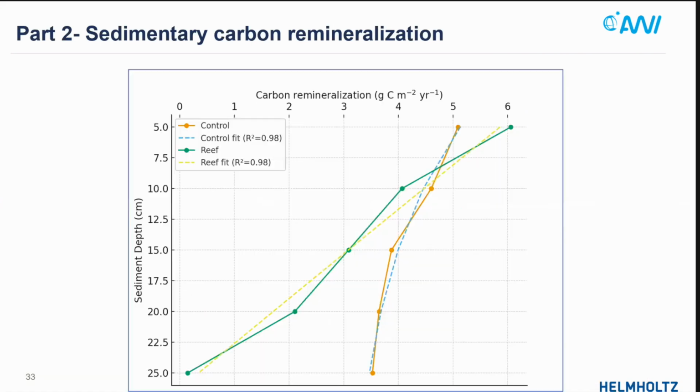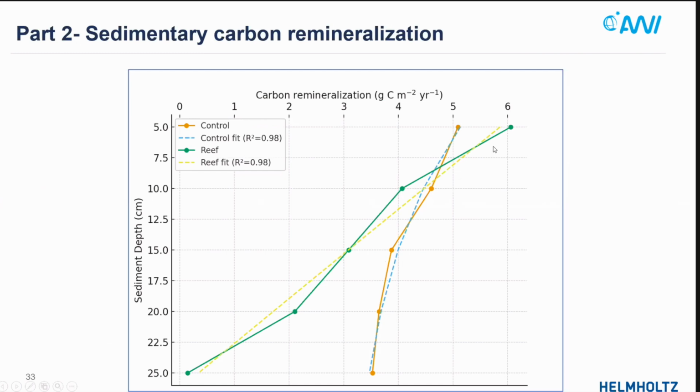Here you can see the control, which is bare or unvegetated sediment, and the reef adjacent or reef associated sediment. So the open sand, or the control, sustains relatively uniform activity. You can see that the carbon degradation doesn't change much with increasing depth, so it remains more or less the same.